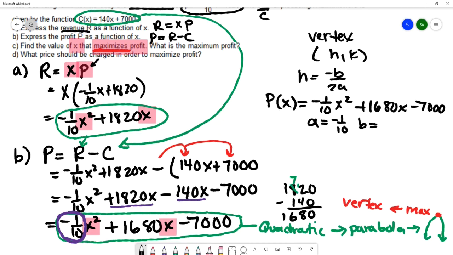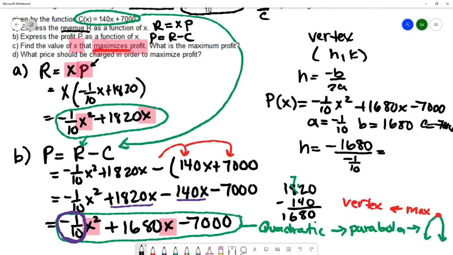The value of b is the coefficient of the x term, 1,680, and c is that constant, negative 7,000. So if I want to find the x coordinate of the vertex, I'm going to do negative 1,680 divided by negative 1/10.